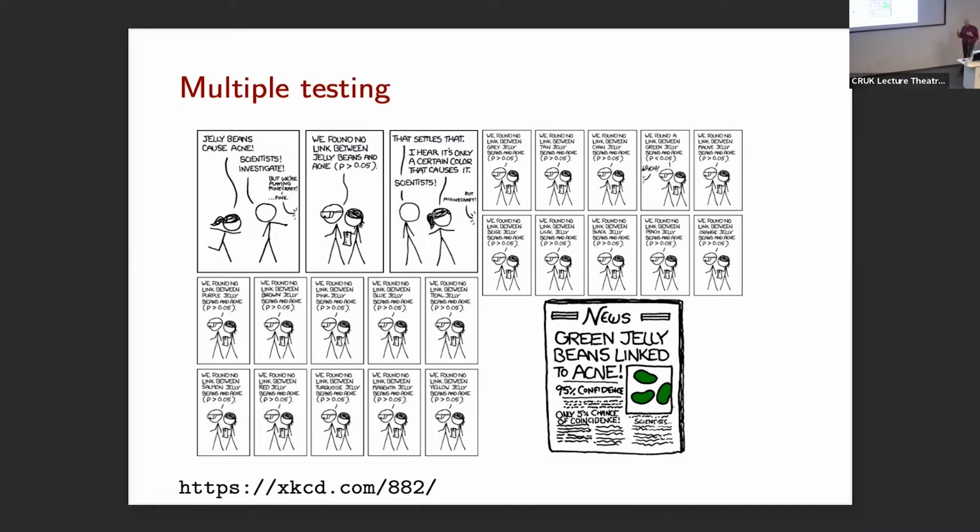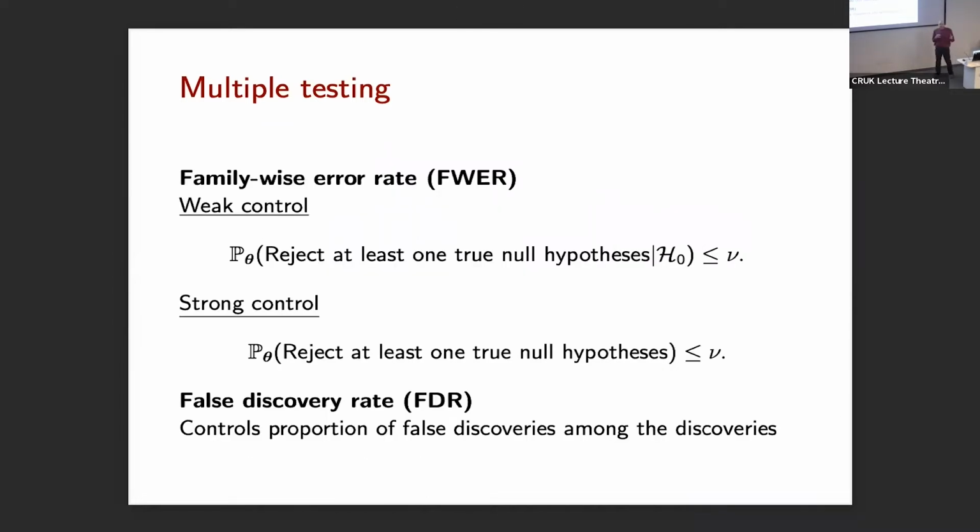So what I'm worried about is looking at multiple things, testing over and over again, and risking making a wrong decision. Now, if I'm worried about this, I could use a variety of different ideas how to ensure that my overall risk is acceptable.